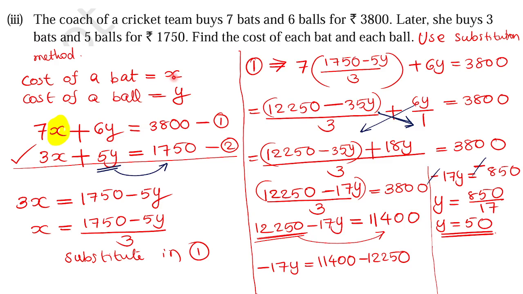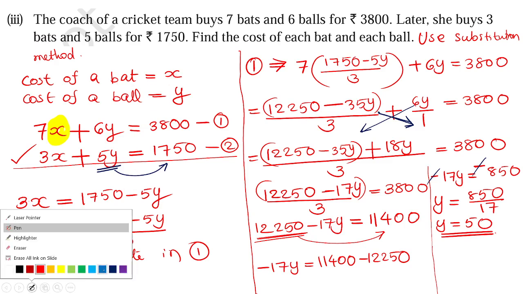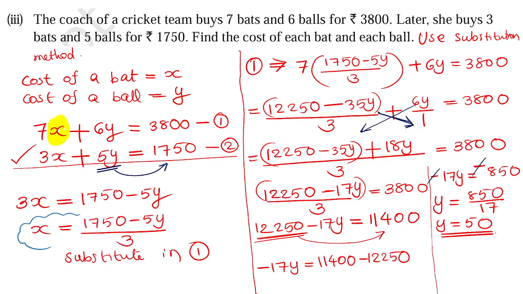Remember, I have a formula for finding x. Look at this. Isn't it better? Yes, if I use this one, I will directly get x. So this is much convenient. Just simply substitute the value of y here. You will directly get x. Understood? So I am going to use that one.